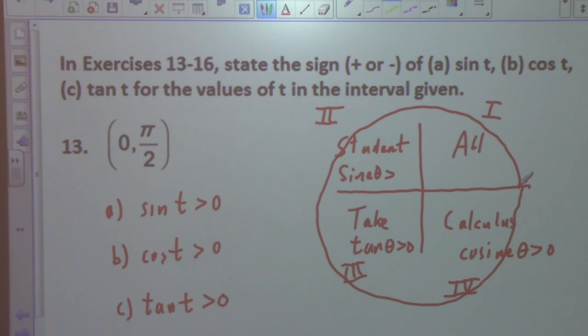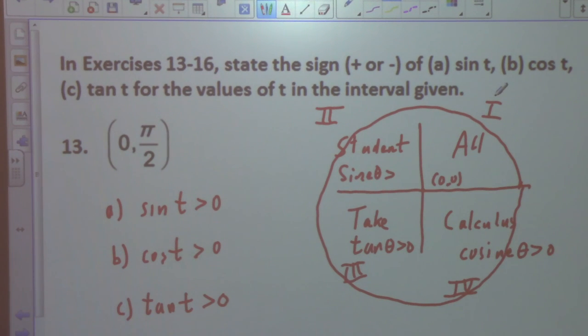Here's the unit circle, centered right here. And remember the unit circle trigonometry song? 0, pi over 6, pi over 4, pi over 3, and pi over 2. So that's quadrant 1.